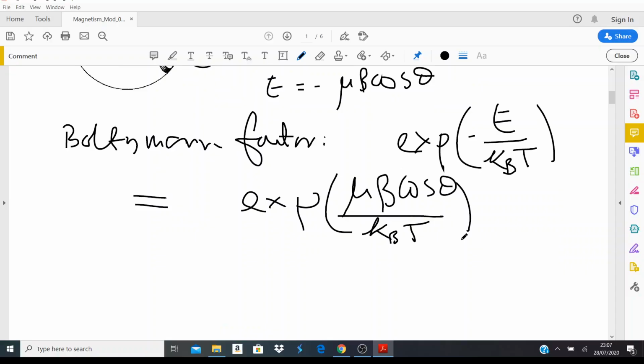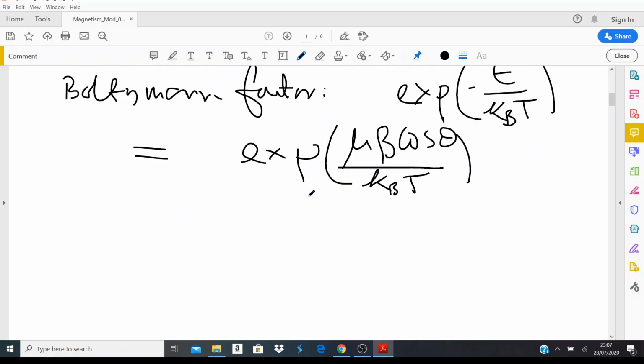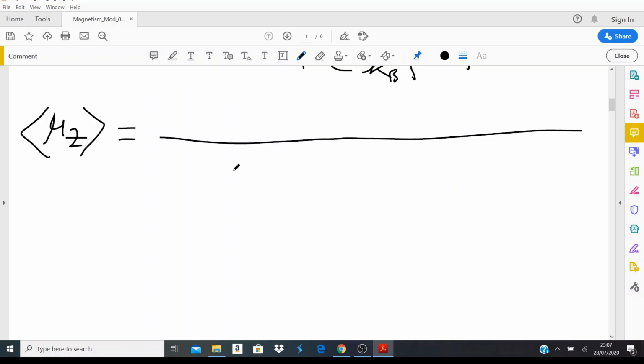And then I said that with these notations and with these quantities, we can calculate the expectation value of the z component of the angular momentum. And then I said it's a ratio where, in the denominator, you integrate over the solid angle the Boltzmann weight, right?